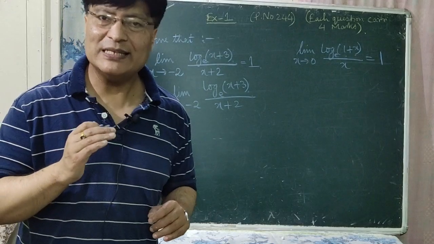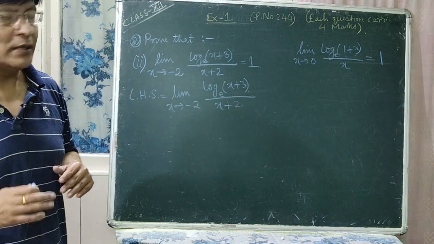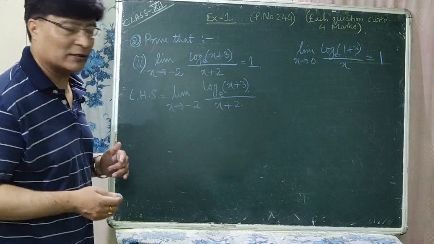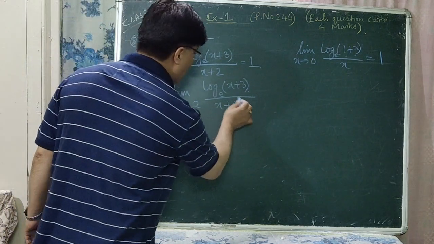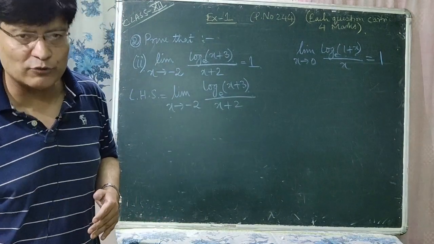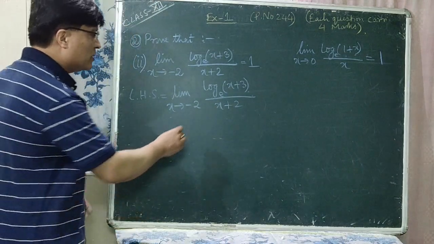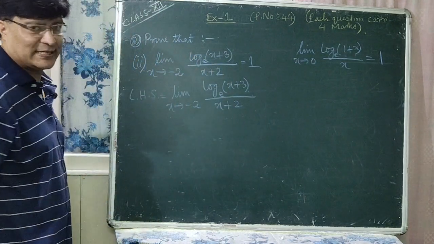Now in this case we should use the method of substitution. You know the substitution method, that is, any one of the variables here should be replaced by a new variable. That is known as the method of substitution. So let us assume this x plus 2 as z.